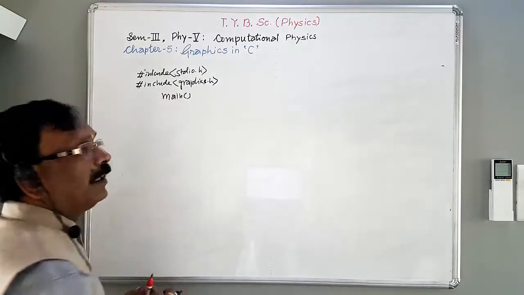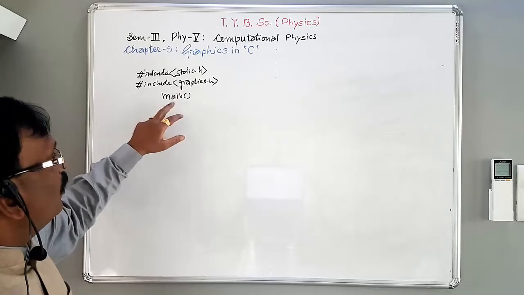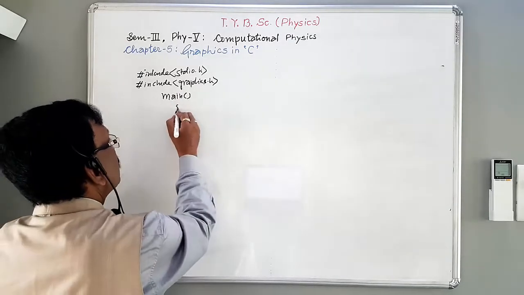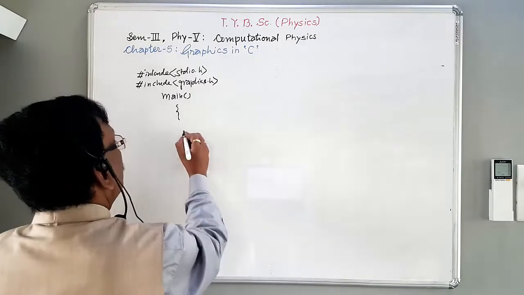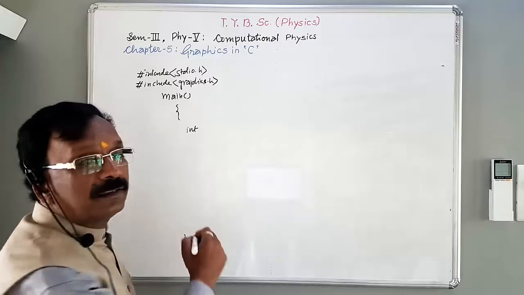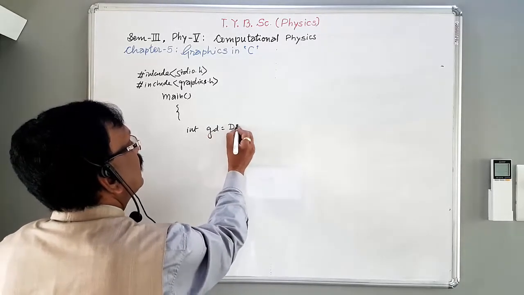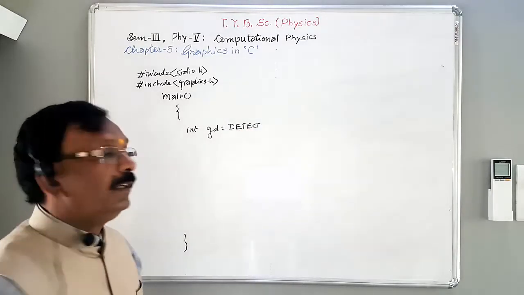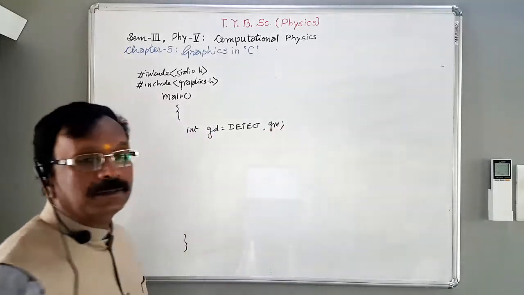Then as usual, main. When you write main here, the compiler tells the controller that the program begins here. Then the body of the program. In the body of the program, we declare integer gd is equal to detect, comma gm. We have to detect the driver and mode automatically.